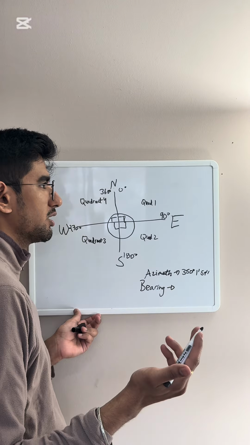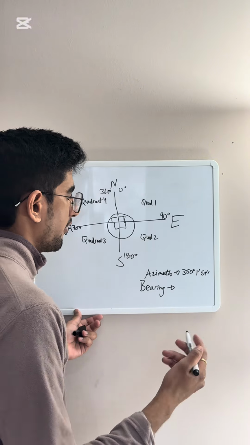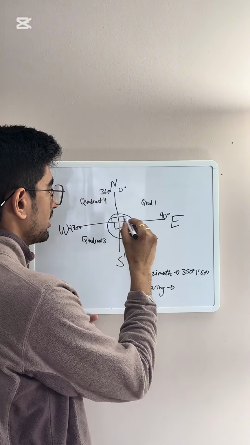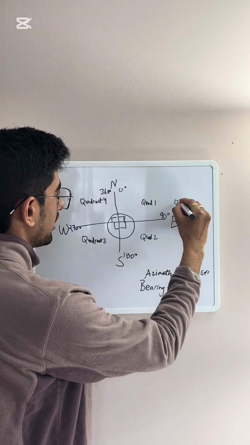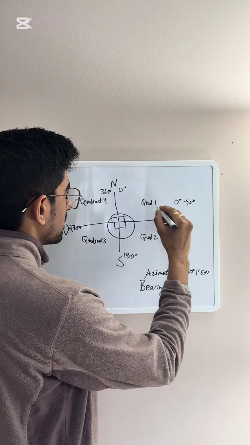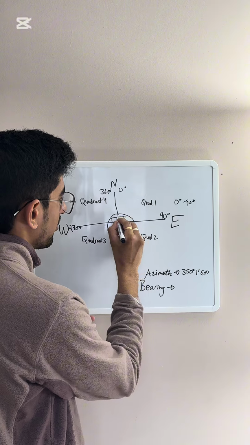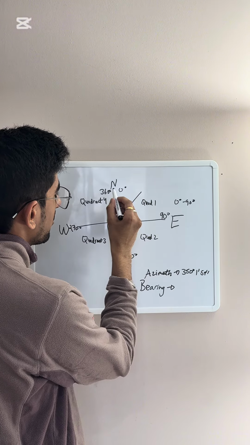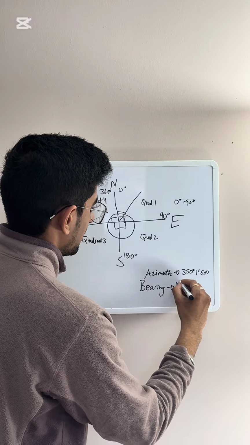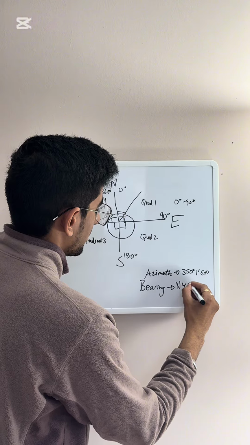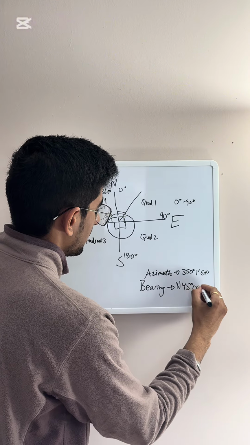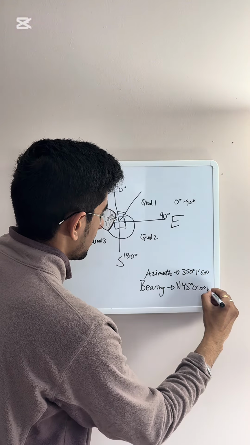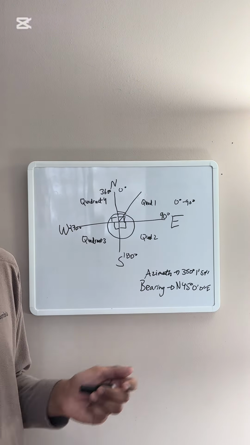Suppose the angle is 45 degrees, which would be somewhere in this range, 0 to 90 degrees. It would be somewhere here, that angle. So it would be north 45 degrees, 0 minutes, 0 seconds, and it's towards east, so east, just like that.